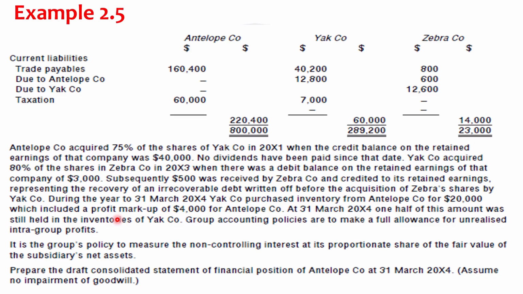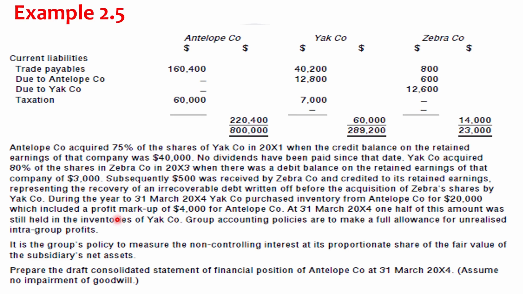For example, 100 Ghana cedis was received by Zebra and credited to its retained earnings. So either you treat it separately or you treat it as one. Already there is a debit balance of 3,000, so the debit balance reduces to 2,500.